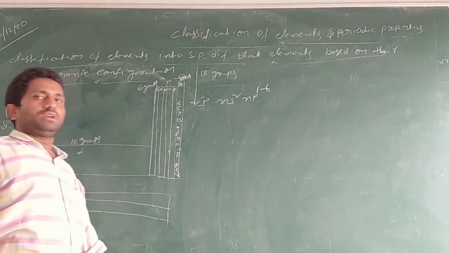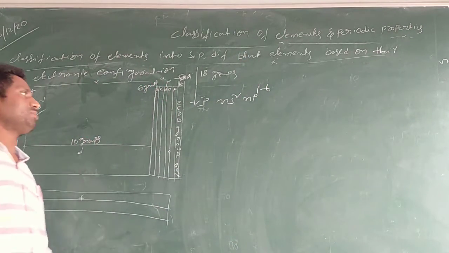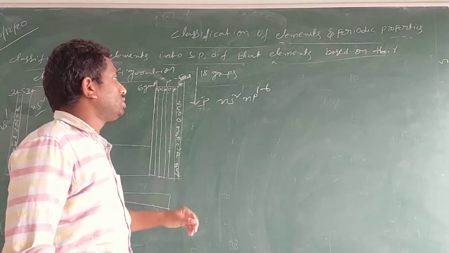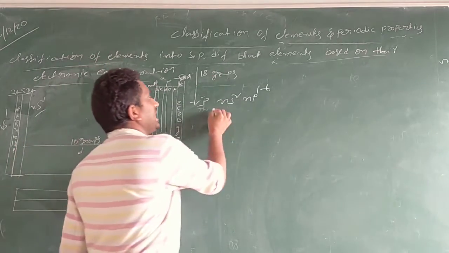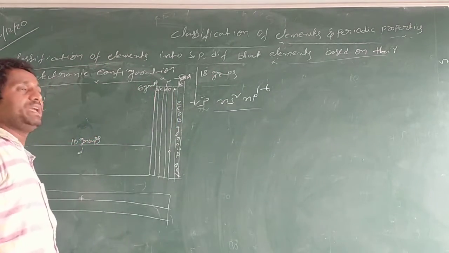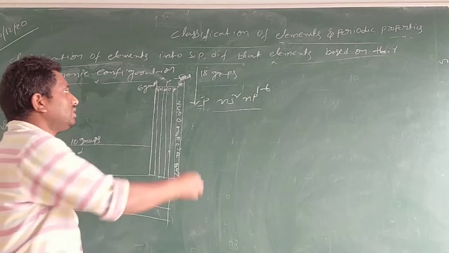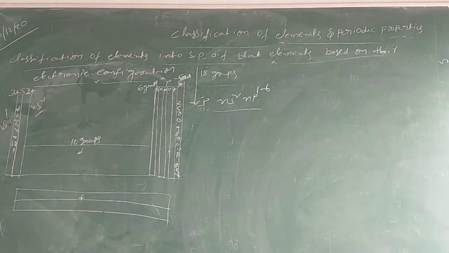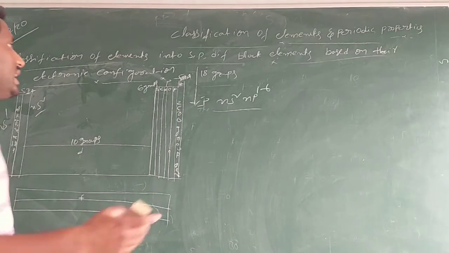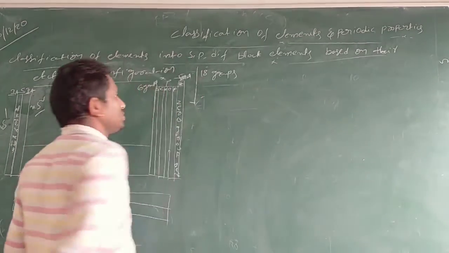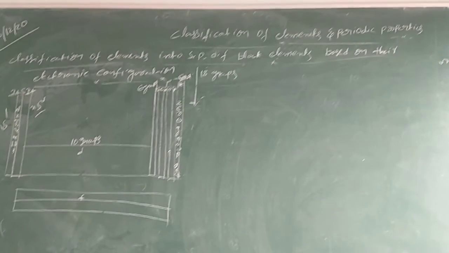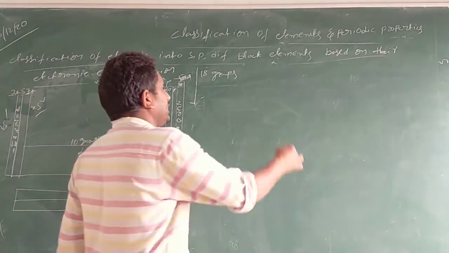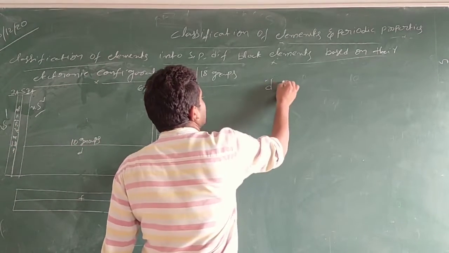The outermost electronic configuration is ns2 np1 to 6. This is the most important point. So these are the electronic configuration of P block elements. Next we will discuss D block elements.